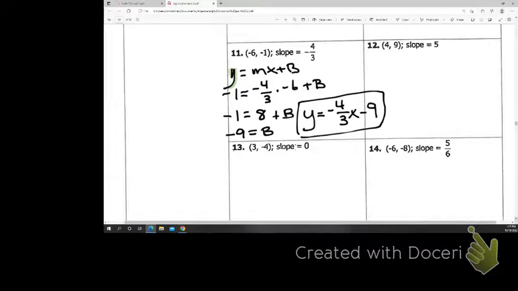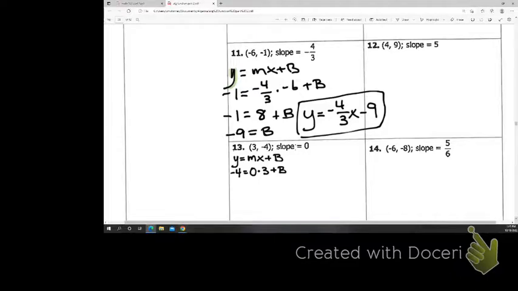So for 13, I'm going to work it out, and then I want you to tell me if you can think of a way that maybe there's a shortcut or something that you might recognize. So y is negative 4, m is 0, and x is 3.